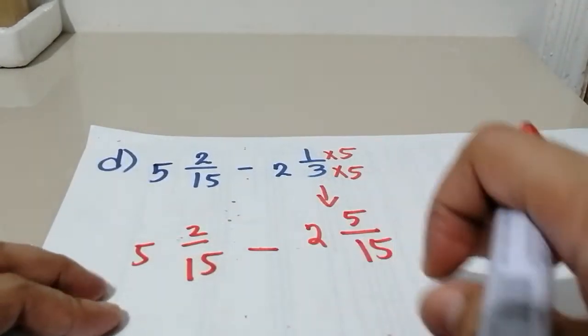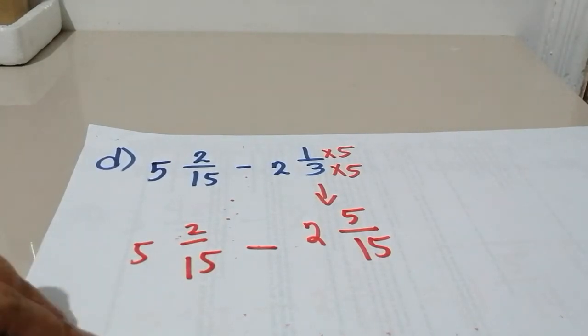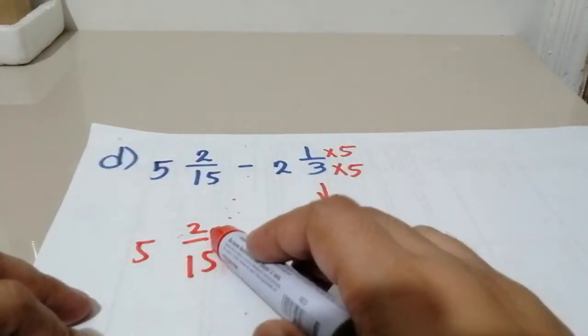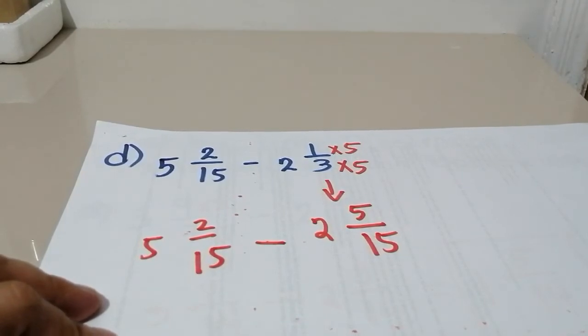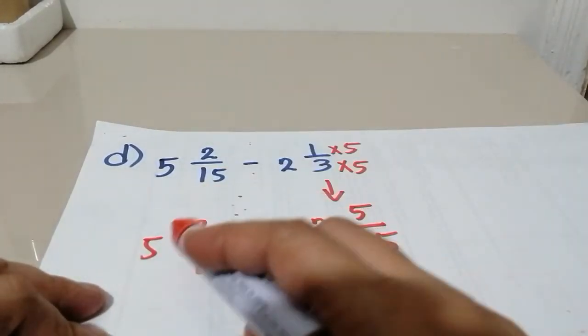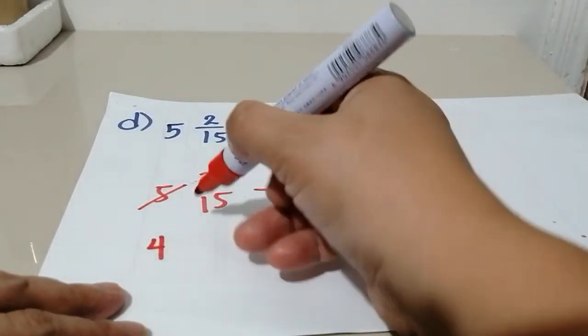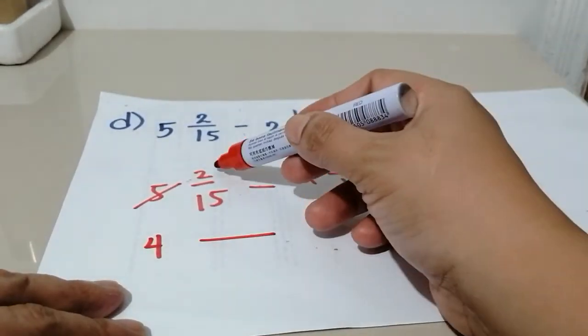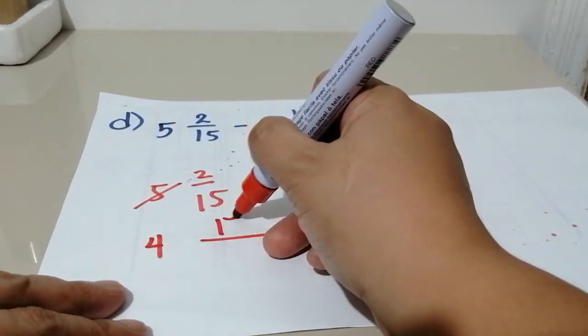Okay? 5 over 15. So, eto, bring down lang natin to, 5 and 2 over 15. Now, the denominators are the same. Pareho na sila. So, we're ready to subtract. But then again, 2 minus 5, hindi siya pwede. So, anong gagawin natin? Kailangan na naman nating mag-borrow ng 1 whole sa 5. So, 5 here will become 4. Okay? And then, the new numerator will be the sum of 2 plus 15, that will be 17.